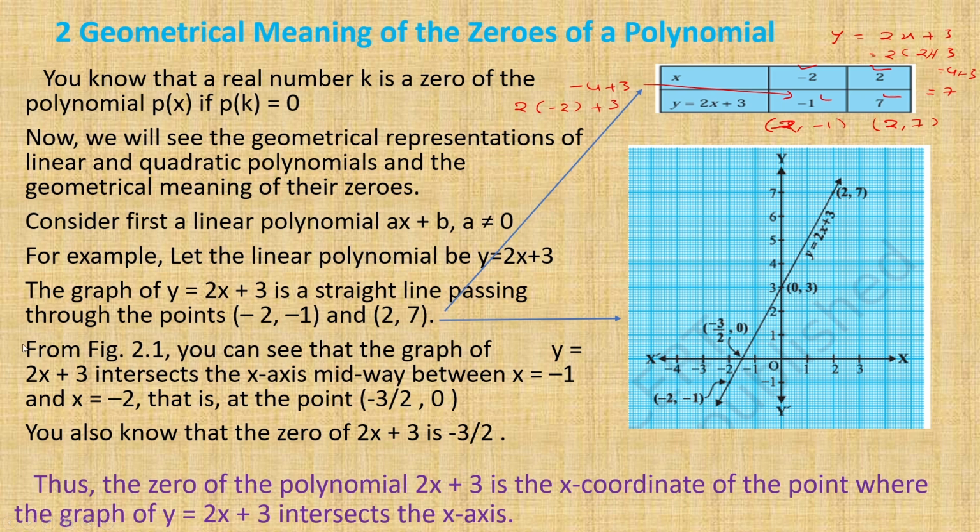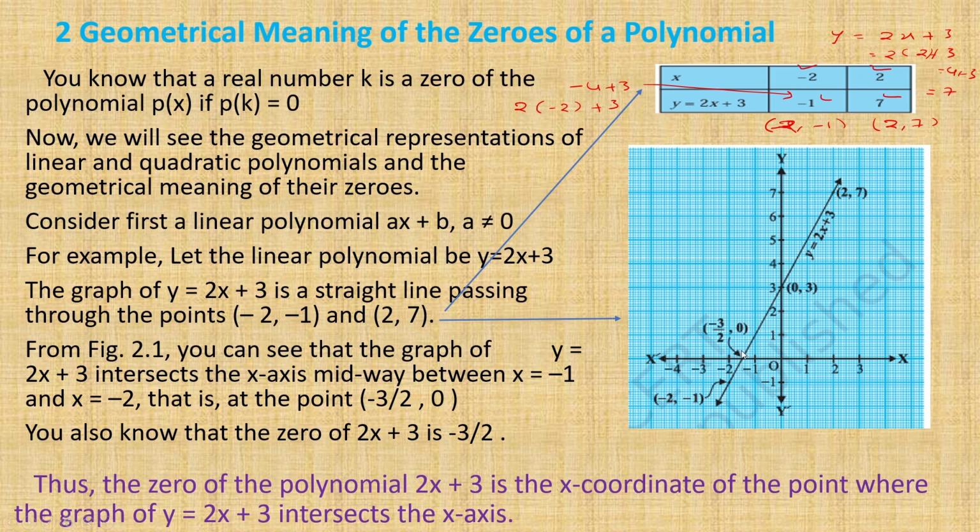From this figure, we see that the graph of y is equal to 2x plus 3 intersects the x-axis midway between x is equal to minus 1 and minus 2, that is at minus 3 by 2 comma 0. If you carefully observe, this line touches the x-axis between minus 2 and minus 1, at the point minus 3 by 2 comma 0.